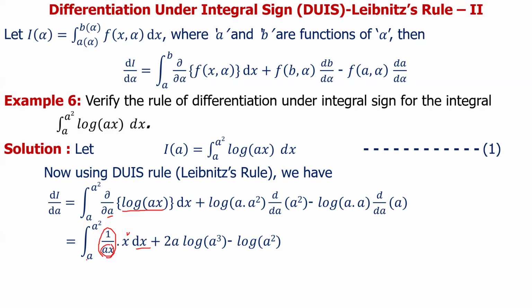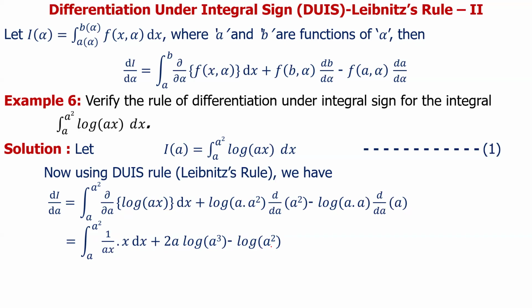So the integration under the limit a to a square of 1 upon ax times x dx, plus log of a cube, the derivative of a square being 2a, minus log of a square, the derivative of a with respect to a being 1.